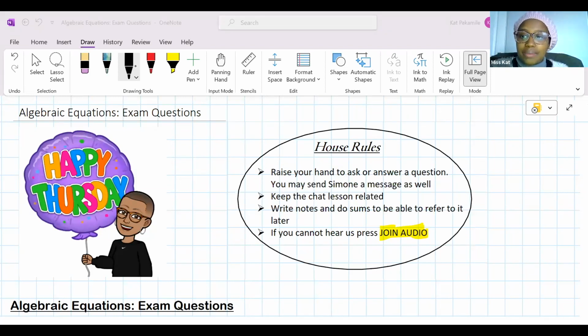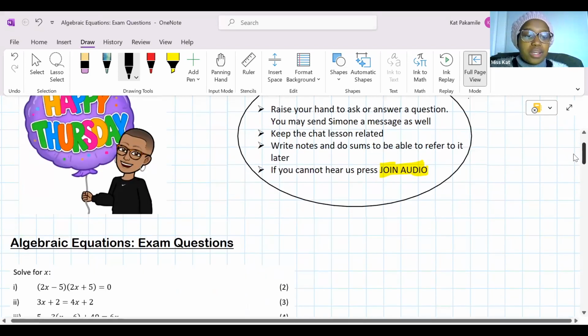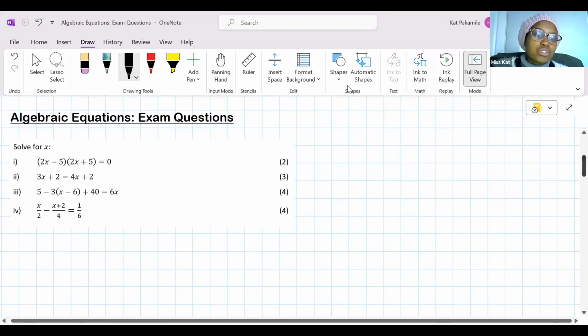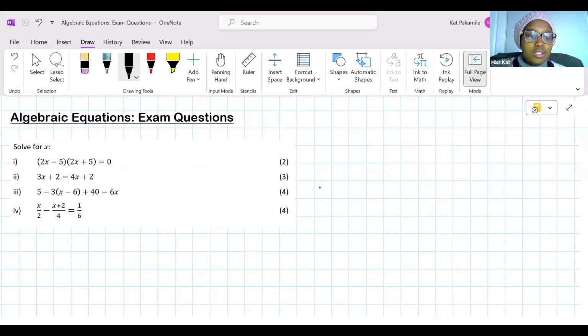Hi, Lesedi, welcome. Okay, so here are our first set of exam questions, okay? The first one is already factorized, so it's only out of 2 marks, and then it progressively gets harder, as indicated by the mark allocation.